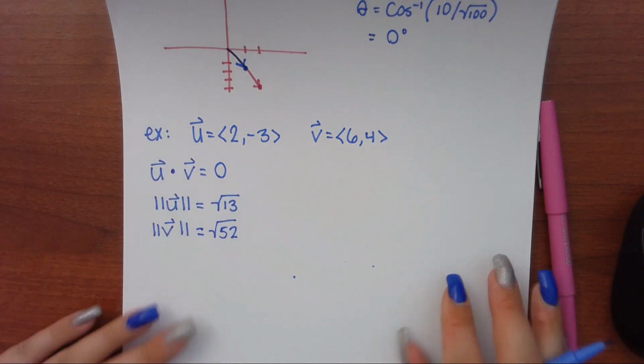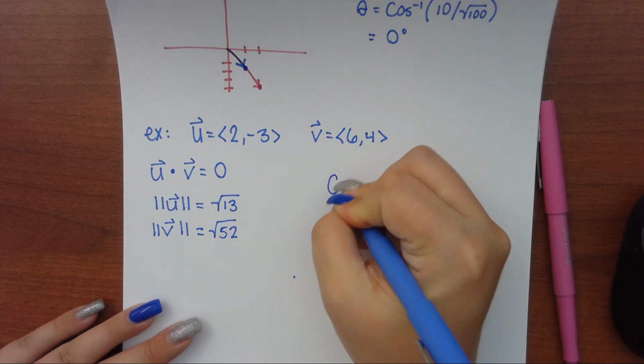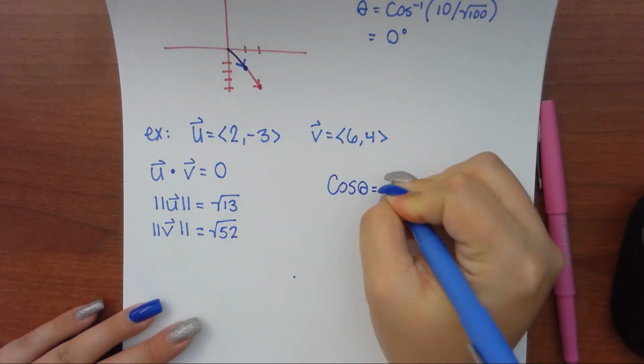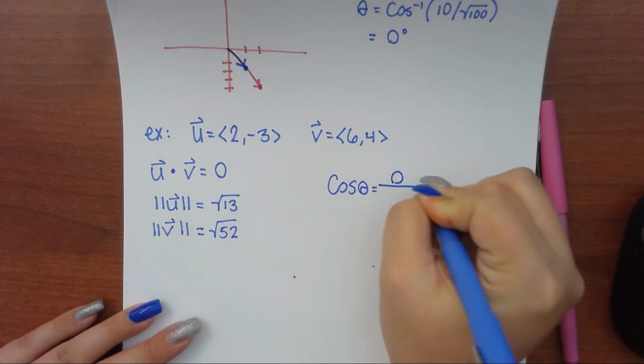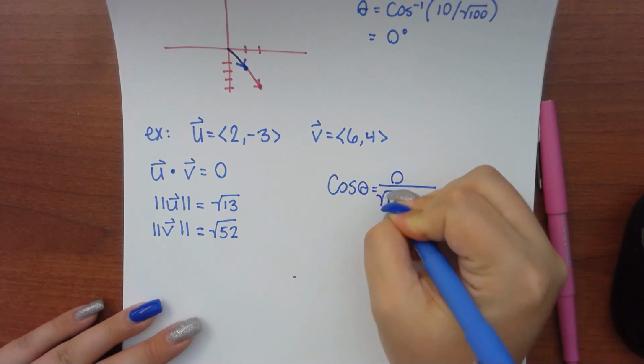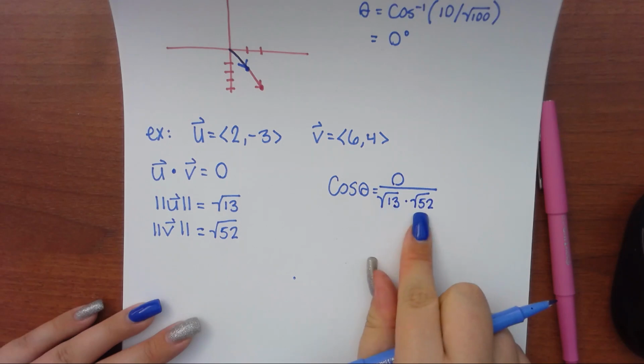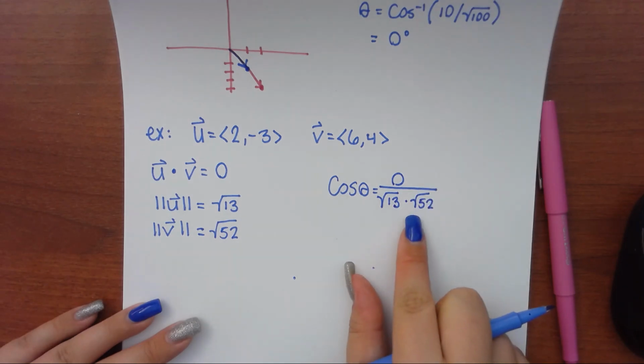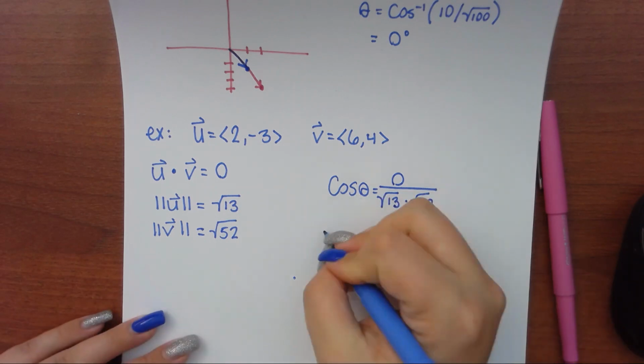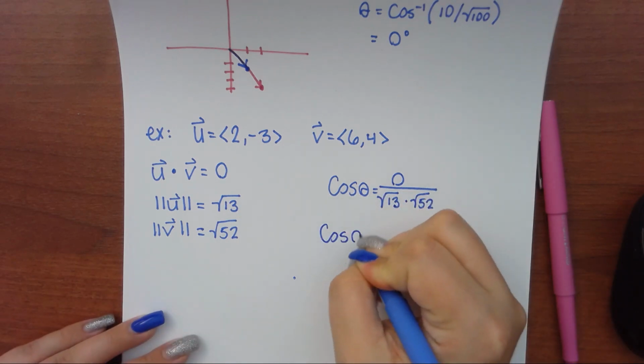So let's look at the formula for cosine. The cosine formula says I take the dot product, which is 0, divided by the square root of 13 times the square root of 52. Now this doesn't really matter, okay? Because 0 over anything is okay. Remember, it's 0 in the denominator that's not okay. 0 in the numerator means that cosine of theta is equal to 0.